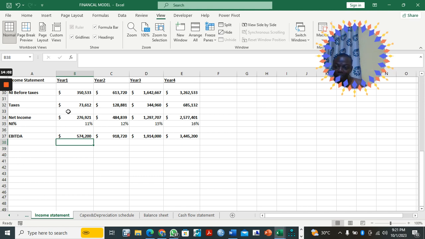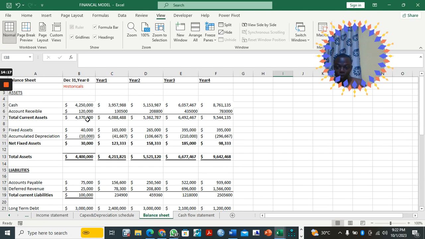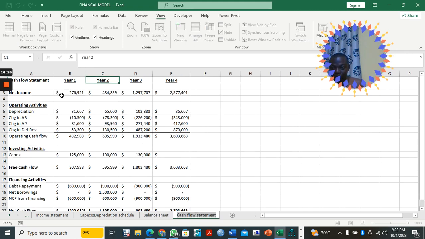So what is remaining is the net income. And then to know the percentage of net income that you are making against your revenues, you take the net income over the revenue, the percentage which we have mentioned earlier. So you put your net income in before you begin the cash flow statement.